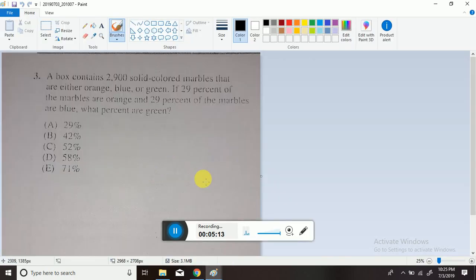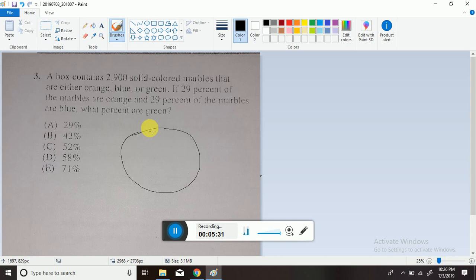Let's see this problem, question number 3. A box contains 2900 solid colored marbles. Total colored marbles are 2900. Yeah, a box is here. Let us make it colorful.